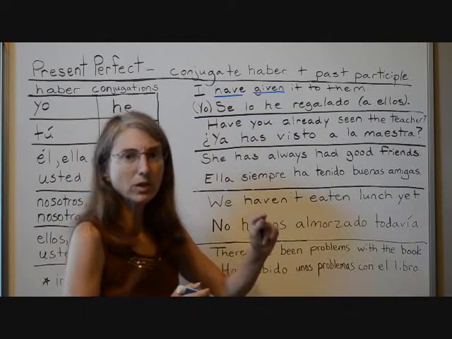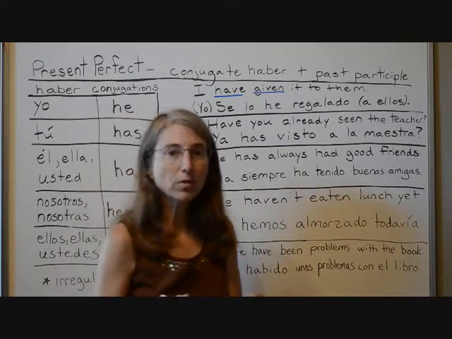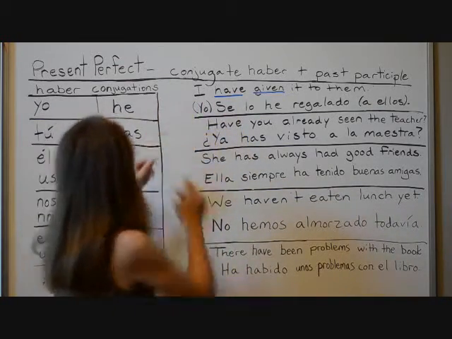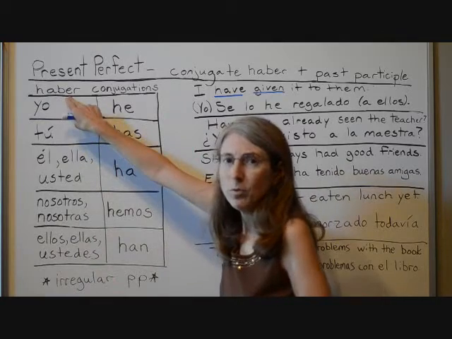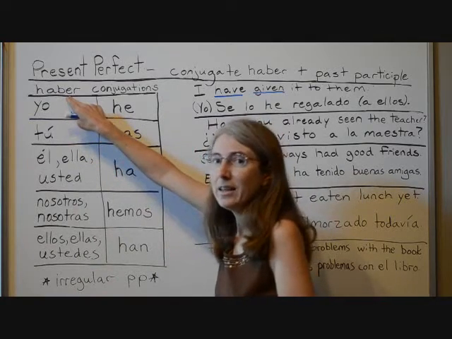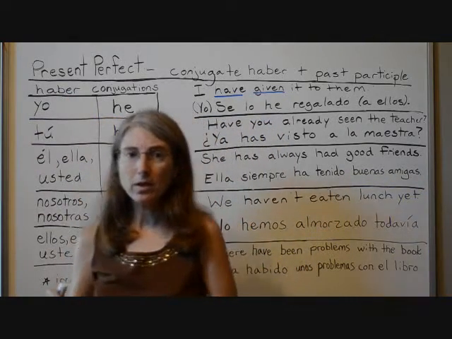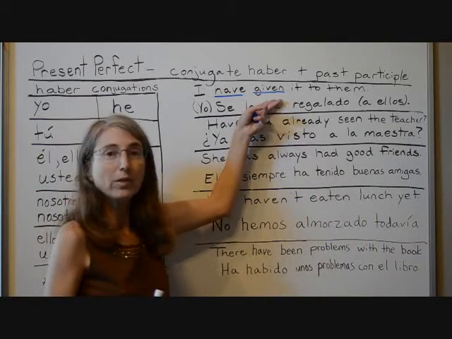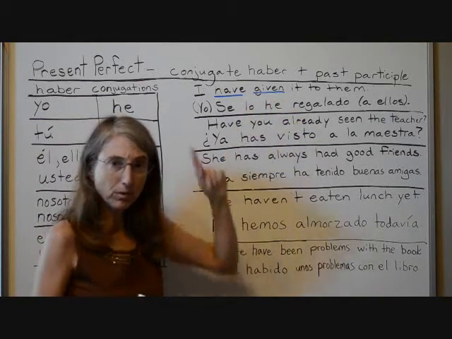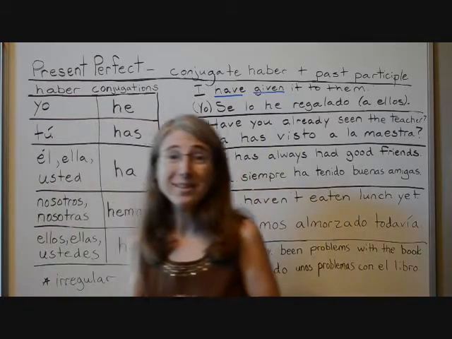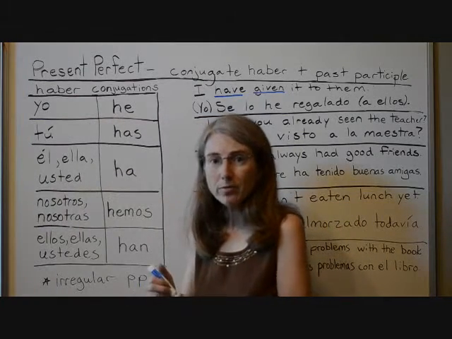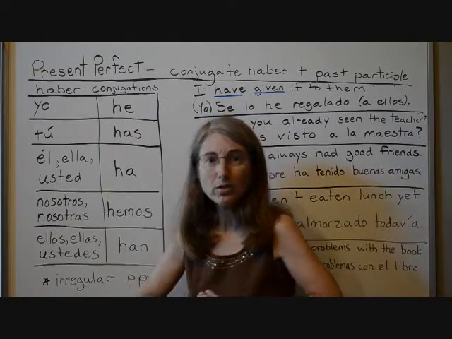In Spanish, it's very similar. In Spanish, we use the verb haber to form the have and has. And then we use the past participle of whatever action is being described here. So in order to use haber in the present perfect, we have to know the conjugations of haber according to the subject.